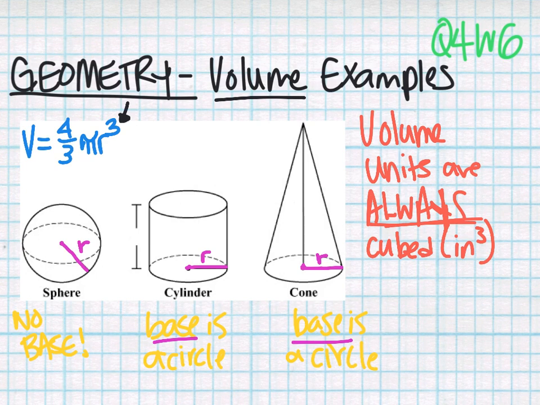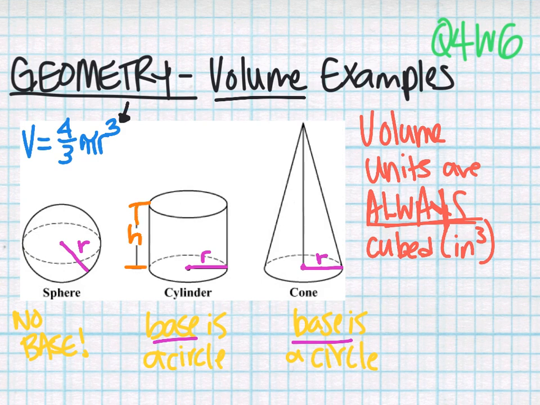So let's talk about the volume of a cylinder. If we think about volume, we need one other piece. We need the height. So this is the height for the cylinder. It's basically how tall is it from the top to the bottom.